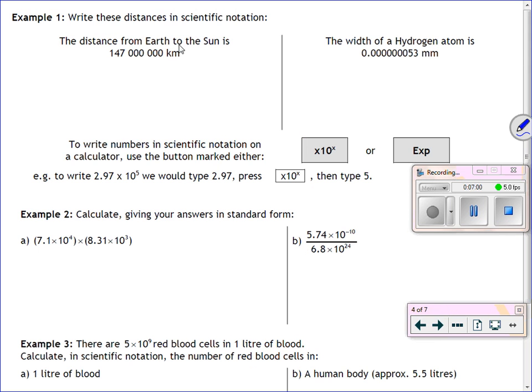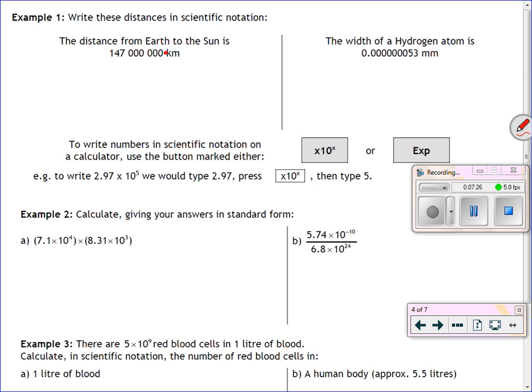So in order to do that, all we do is we think, well, right now in that number, where is the decimal point? The decimal point is right here at the very end. So to make it into scientific notation, I have to make that decimal point jump from where it is so that I can make a number between 1 and 10.